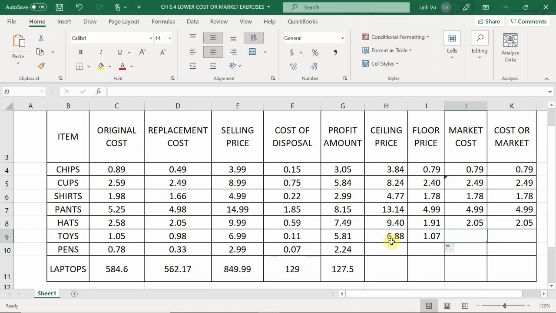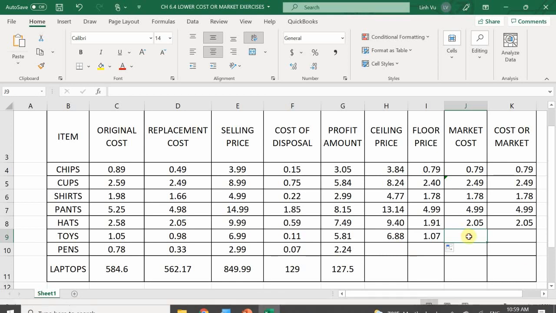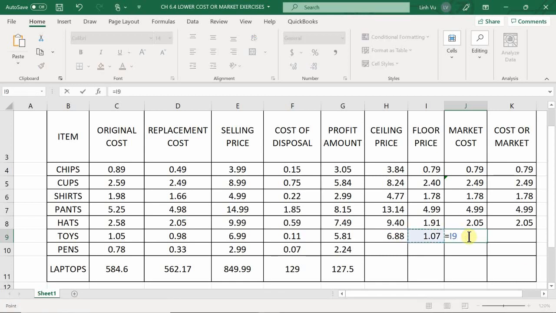And the lowest? The replacement cost. The replacement cost is the lowest. So therefore, my market is going to be the floor price, $1.07, correct, because it falls right in between the middle.